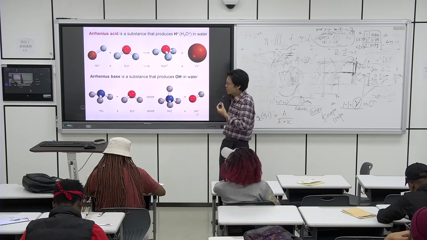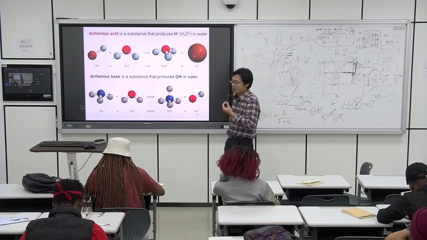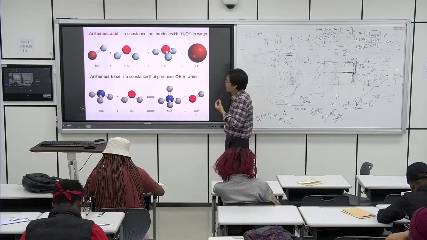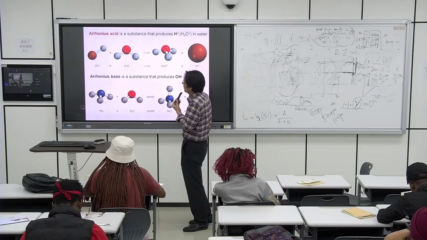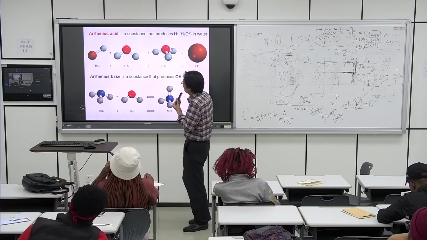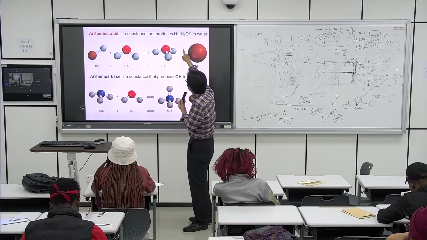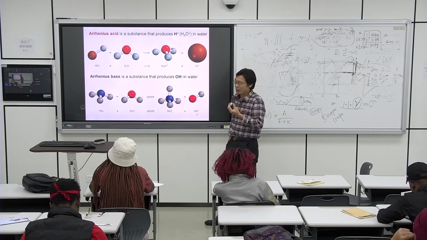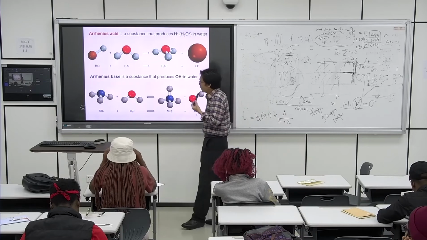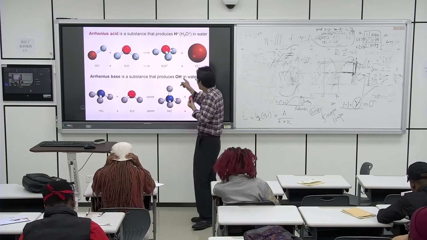So basically there are two ways to name the acids and the bases. The first is called Arrhenius acid. So Arrhenius acid is a substance that produces proton in water. Okay. And Arrhenius base is a substance that produces OH in water.